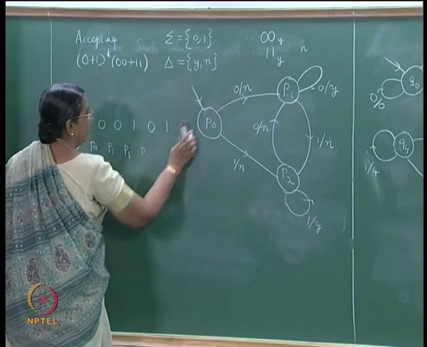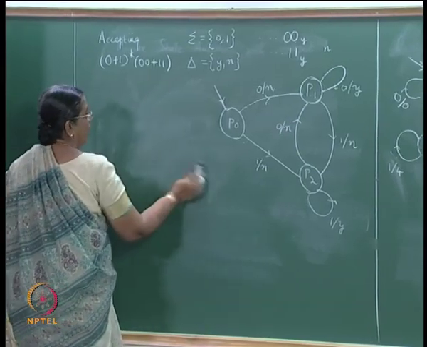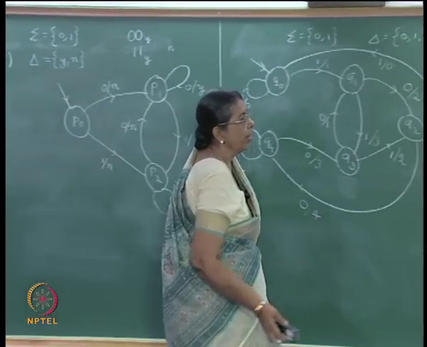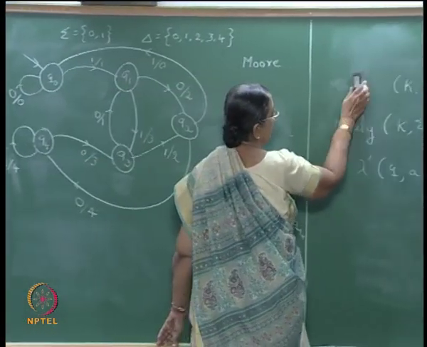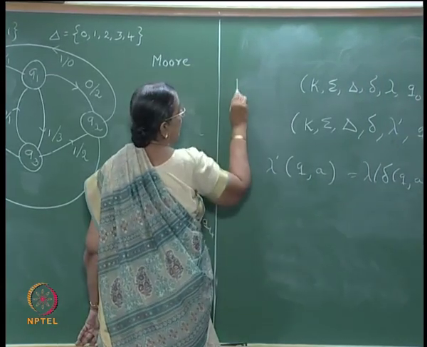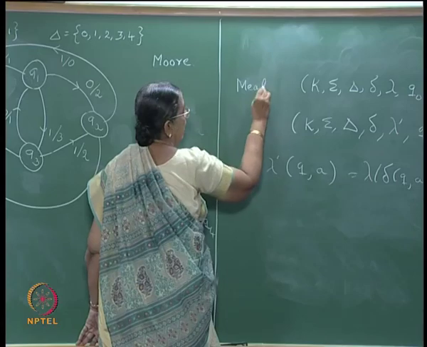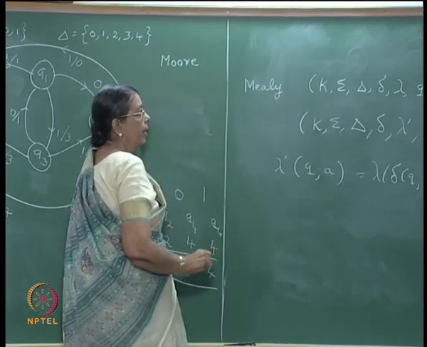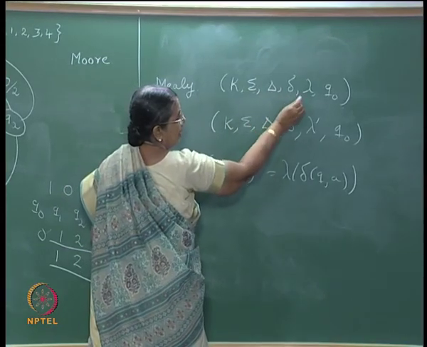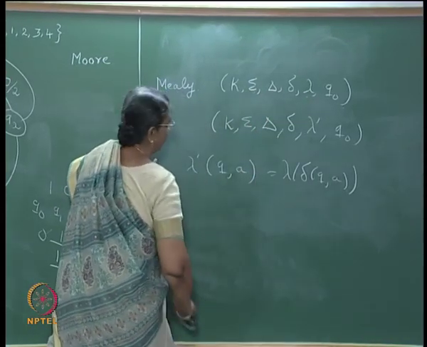Let me consider this example. Let us start with the Mealy machine. The Mealy machine is given by K, sigma, delta, lambda, Q0.